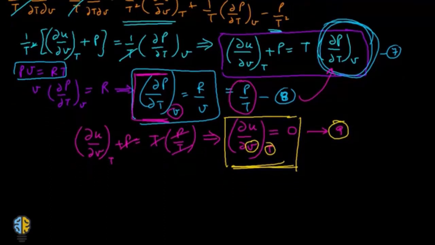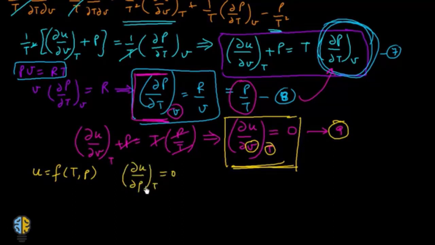Similarly, if I say that U is a function of temperature and pressure, it can be shown that ∂U/∂P at constant temperature would again be 0. This means that U would not change with P when the T remains constant. Okay, so U does not change until the temperature changes. So whenever the temperature is constant, U will never change even if your volume and pressure are changing.